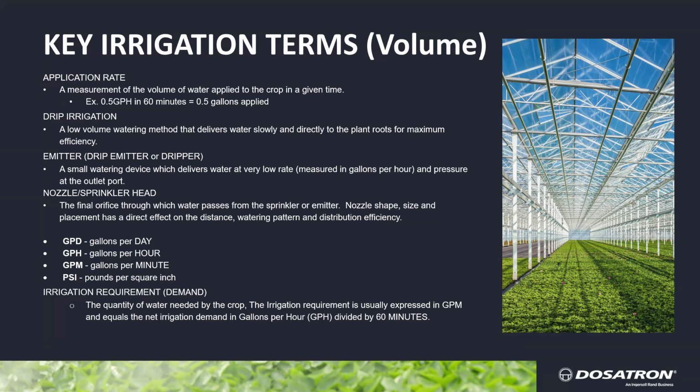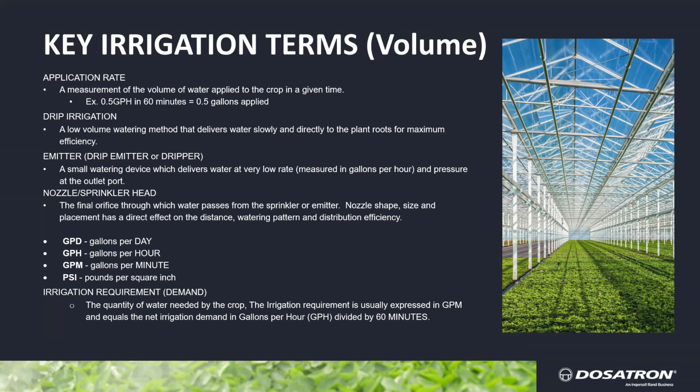So measuring flow is typically done in gallons per day, gallons per hour, which is what we see most, gallons per minute, which is what we use the most here at Dosatron. And then we also use PSI to determine how much pressure is needed for those different nozzles or emitters.